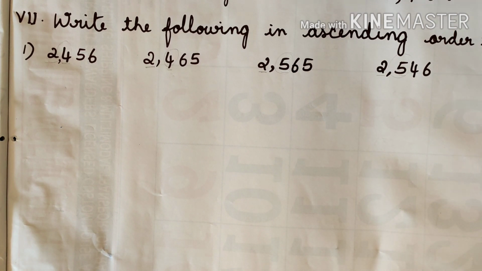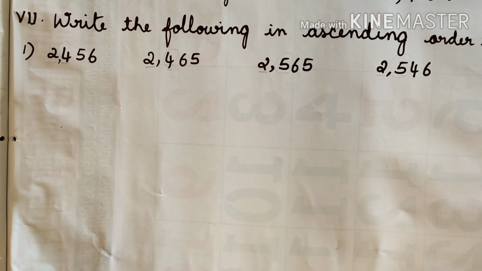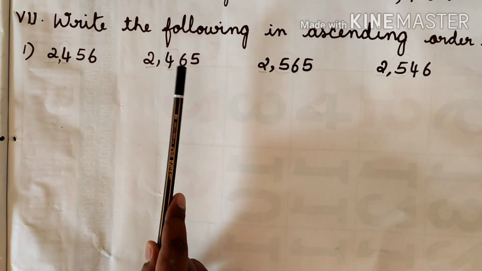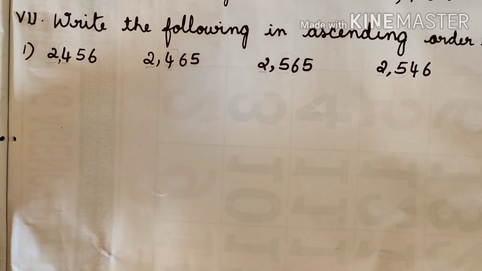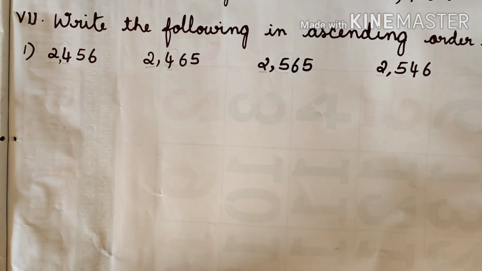So according to the method to write the ascending order, we need to write the smallest number first. So out of the 4, we found 2 were small. Now out of these 2, we found that this is the smallest number. So let us write this number first.